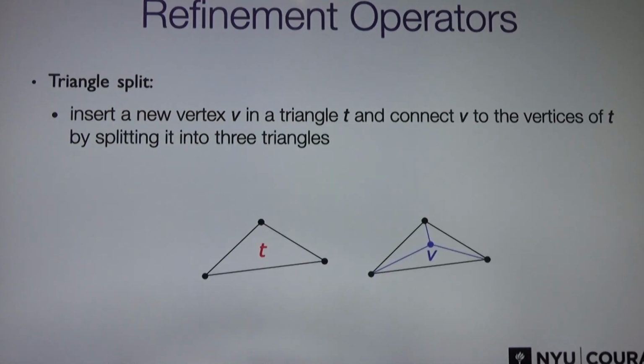So this is how it's done. Some of the refinement operators on a triangular mesh is inserting more vertices inside the mesh and creating new edges between these newly inserted vertices and the existing vertices in order to ensure it is still a valid mesh according to our definitions.